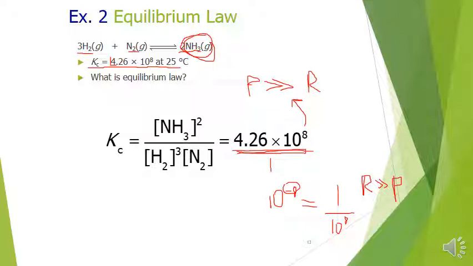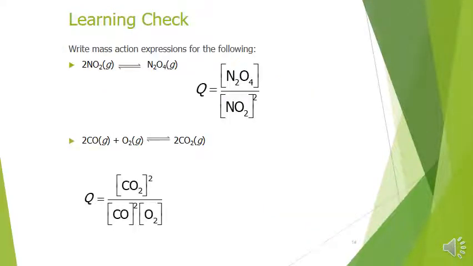There's this woman named Kizzmekia Corbett, and she has nothing to do with the equilibrium law, but she's an African American woman in her mid-30s, I believe, who was involved with the discovery of the spike protein for the coronavirus. There might be a little question on the quiz about her. Just want to make sure you're listening to these.